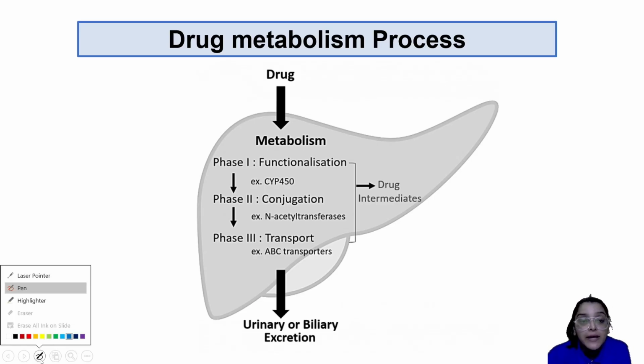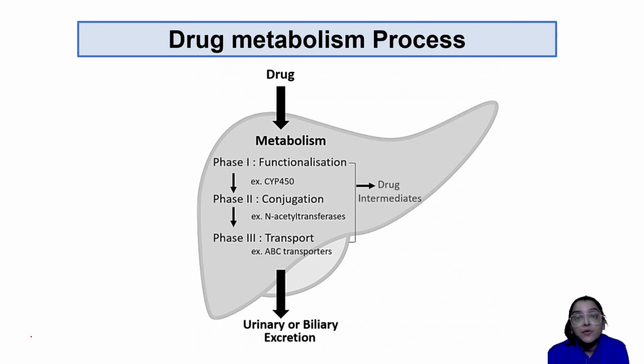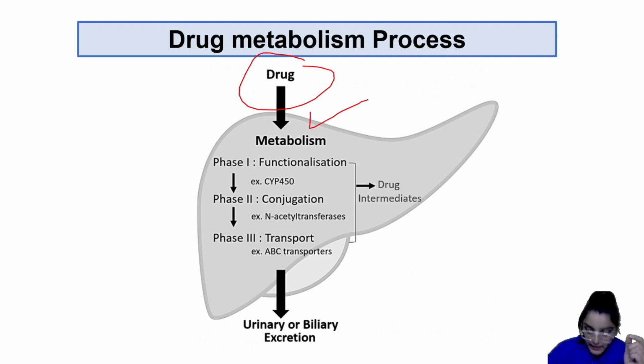Okay, so here is a summary where you can see the key things you need to see before your drug undergoes a metabolism process. When a drug enters the liver, it is going to experience one major effect, that is your pre-systemic metabolism, the first pass effect.